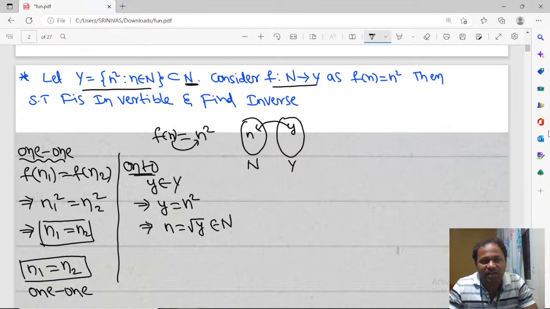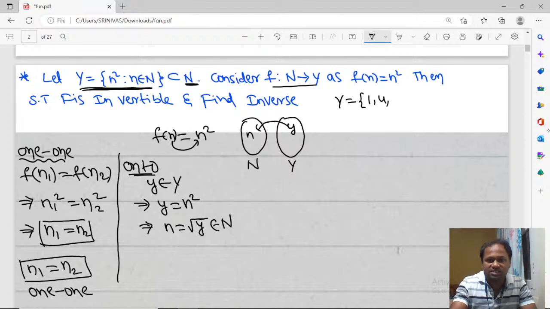Okay, so you will get one doubt. The root value does not lie in N, but in the question it is given that y is equal to n square. That means y will have elements like 1, 4, 9, 16, 25, numbers like these. So all root values we will get.